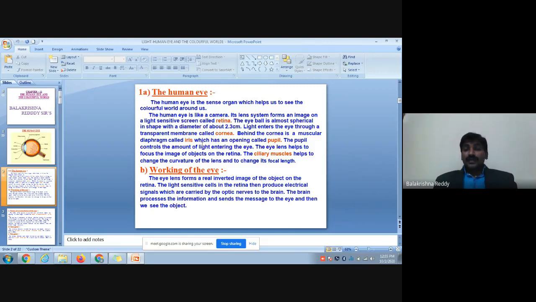Also, as the intensity of light varies, the size of our lens opening will increase and decrease. That opening and closing is called the pupil. This pupil controls the amount of light entering the eye.